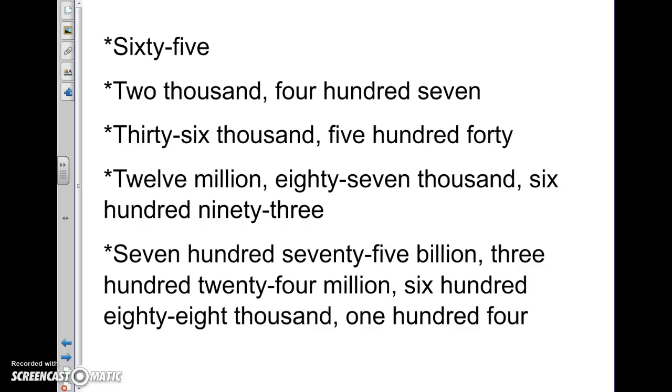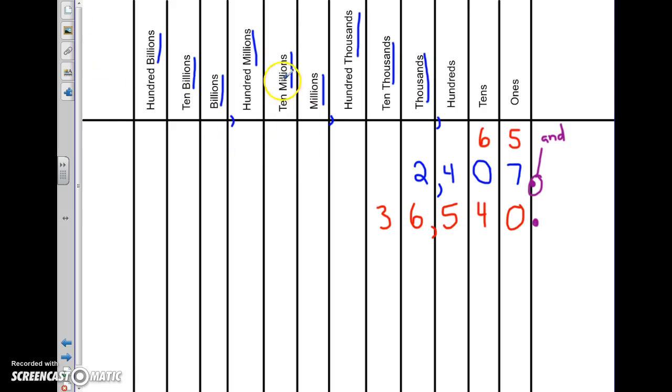So the next one is 12,087,693. 12 million. So we're over here in the millions house. 12 can't all fit in the millions, right? It's 2 digits. So we've got to have 1 ten million and 2 one millions.